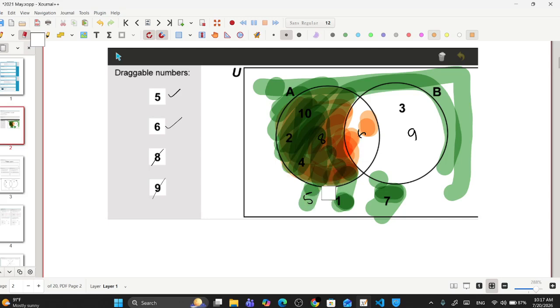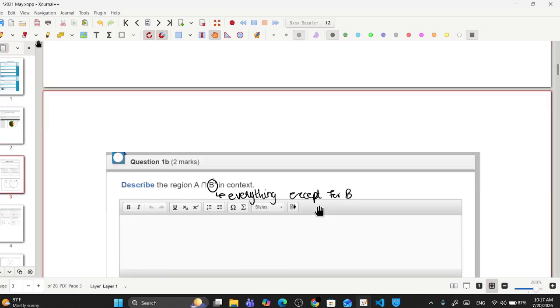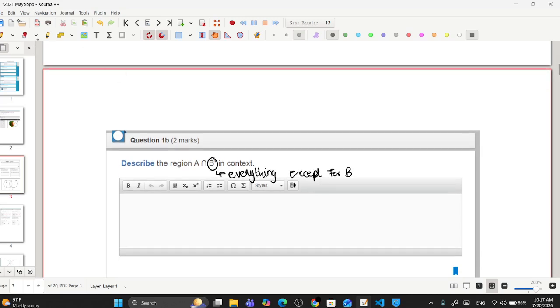So at the end of the day, what options are you left with? You are left with only the option that is present inside of A. So what do you have essentially? You have the multiples of 2 as your final answer. Alright? So if it says describe the region A intersection B complementary in context, it means that we have to describe it in word form.